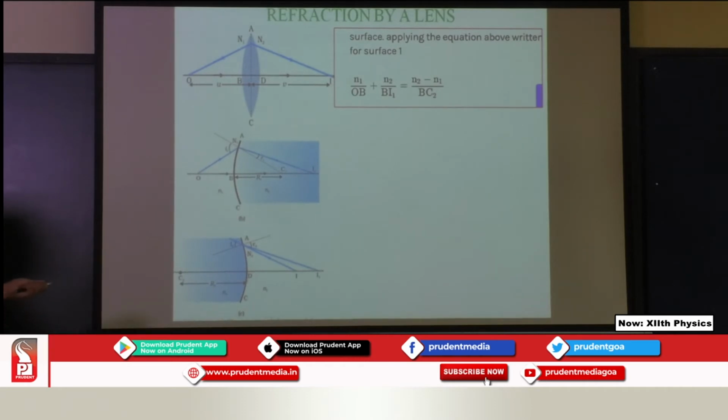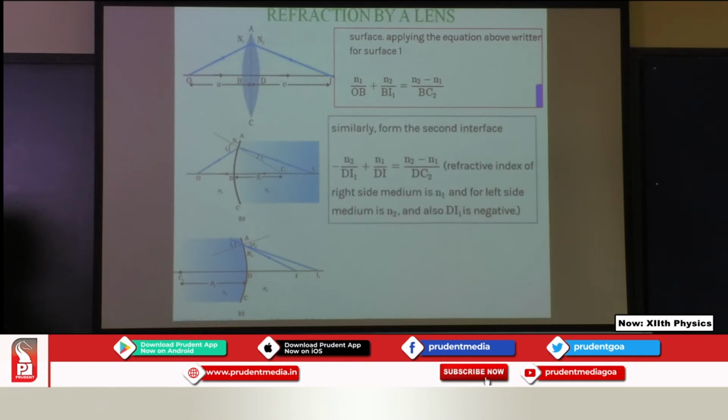Same way applying to the second surface, that is ADC, we get N2 upon DI1, because that is your object, N1 upon DI, because that is your image, equals N2 minus N1 upon DC2, because that is your radius of curvature. So, over here the refractive index on the right hand side is N1 and DI1 becomes negative. Now, we have got the two equations.